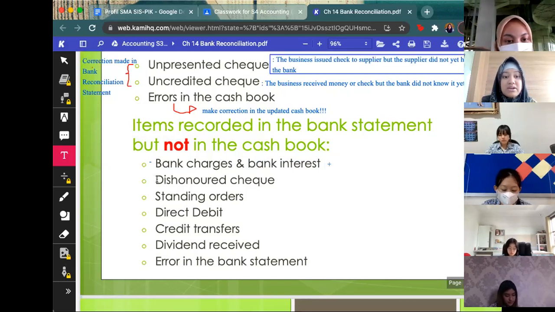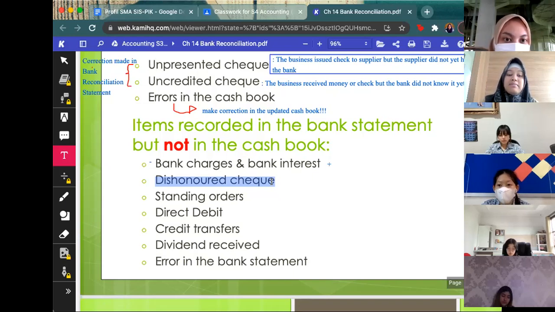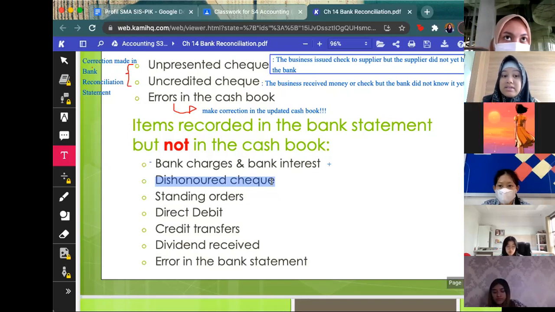Now, under check. What is this under check? This is when you record the receipt of a check, but then when the bank wants to process this check, suddenly it is rejected.